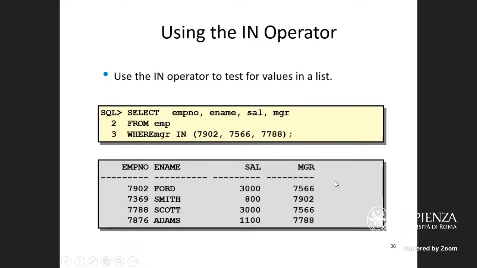This would be a case where you want to know the manager of the employee, or the manager in charge of a particular department. This is where this will be very helpful for us.